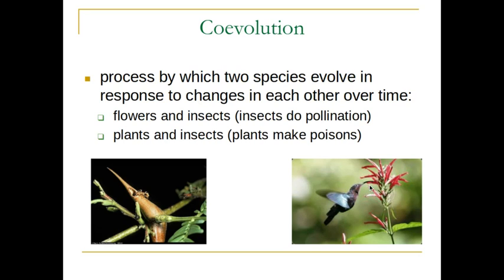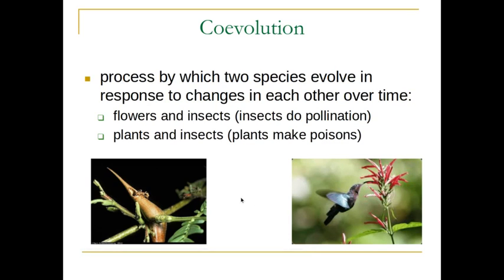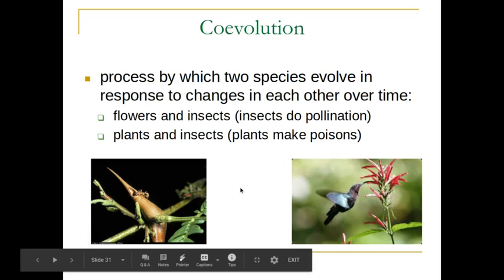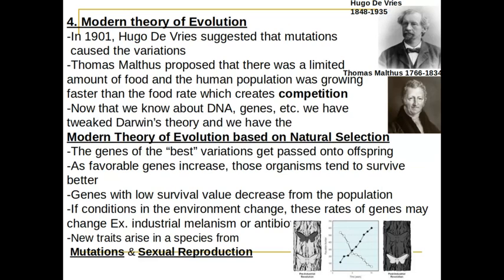And so they met their physical needs for food and they made more babies. And those babies had the long beaks that their parents had. So there is some truth to the old adage that the apple doesn't fall far from the tree, meaning we are often very like our parents, whether you like it or not.